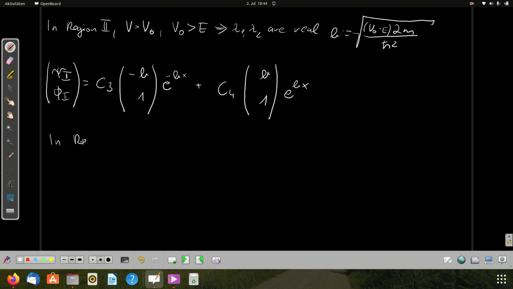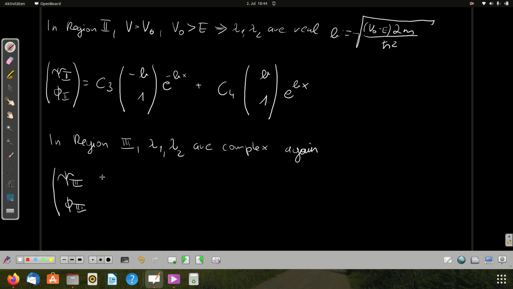And in region 3, lambda 1 and lambda 2 are complex again, like in region 1. So here we pretty much get the same result, or similar result as for region 1, just I give the constants in front of the eigenvectors different numbers.